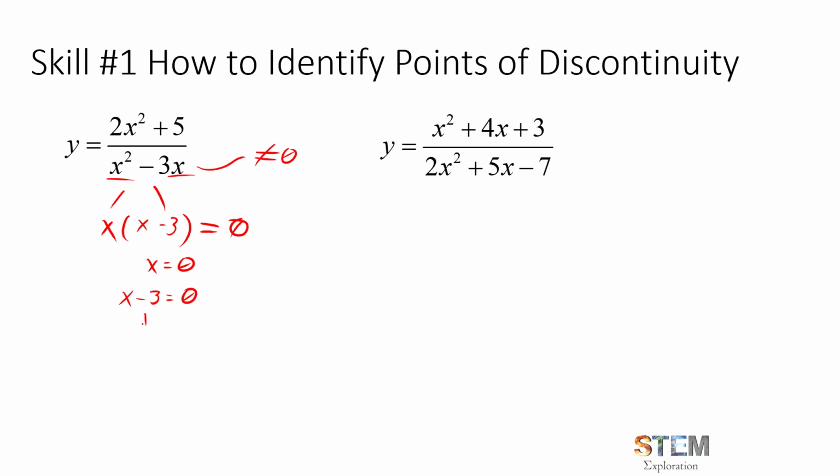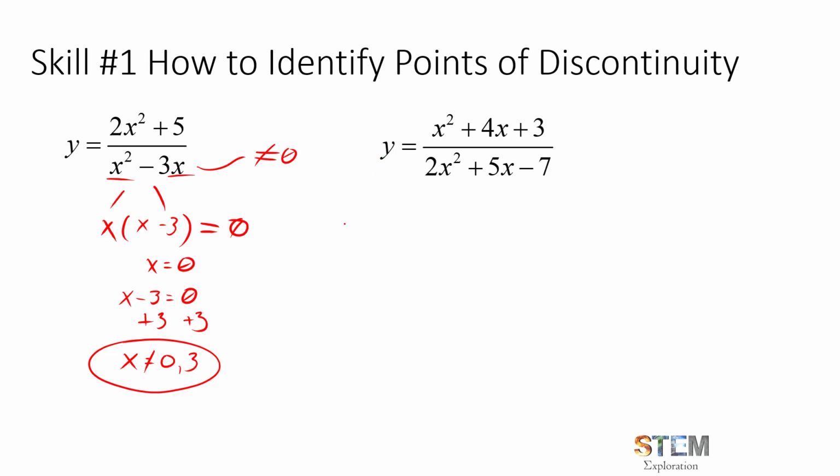So we add 3 to both sides. x is already equal to 0, so our solution in this case is x cannot be equal to 0 or 3, because these circumstances would cause these points of discontinuity.